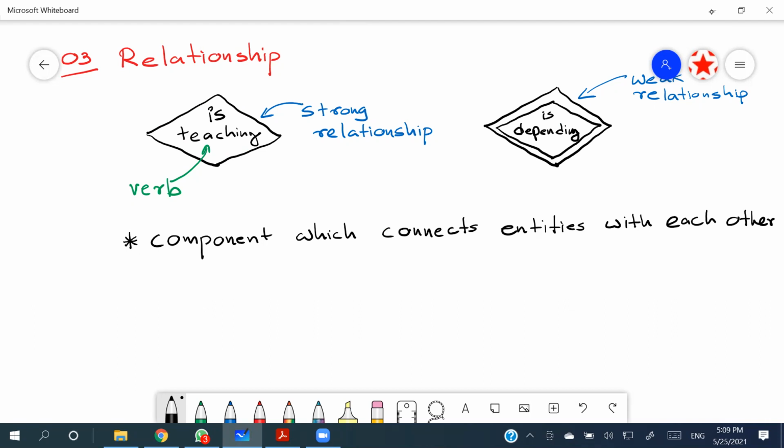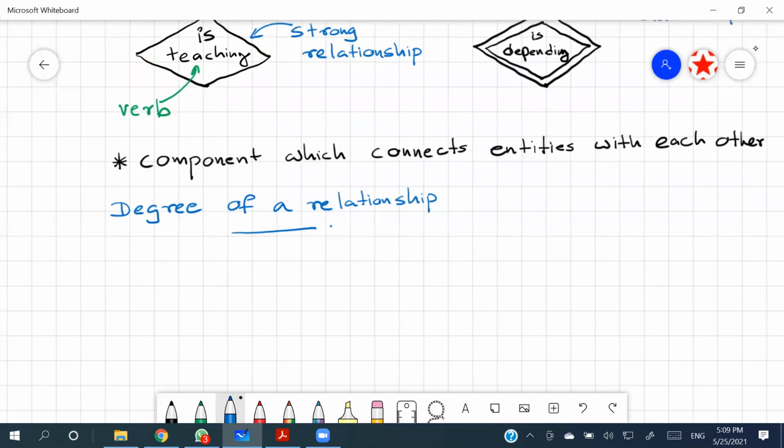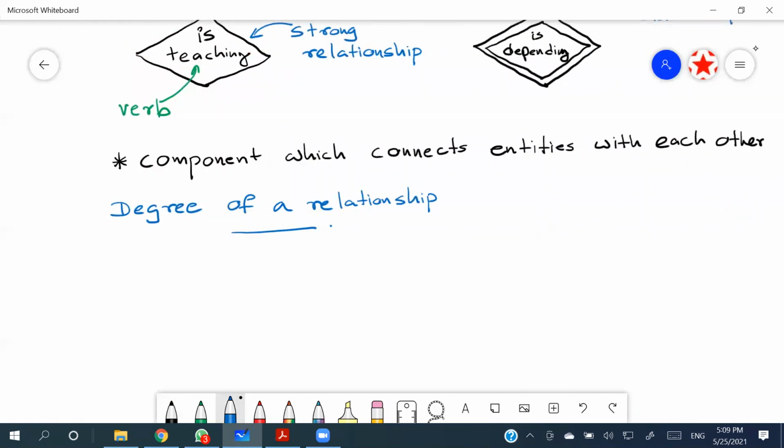Let's first write about these; we call it the degree of the relationship. The degree of a relationship can be shown like this.